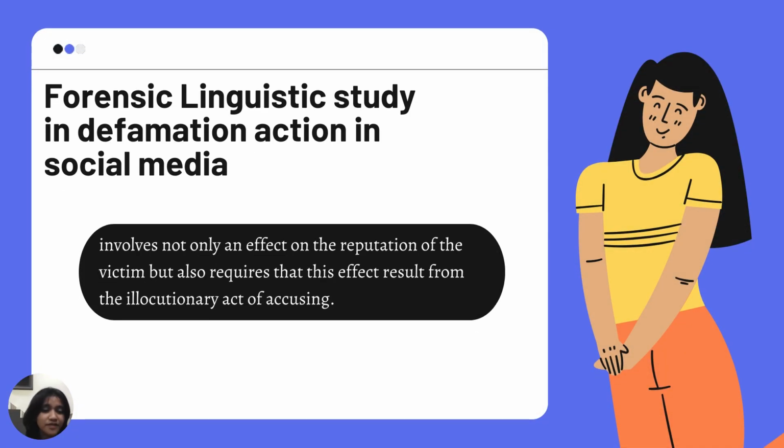Next, I'll be explaining about the forensic linguistic study of defamation action in social media. The case of defamation is one of the intriguing cases to be examined using a forensic linguistic approach. In this context, social media is the type of media that I use to analyze, where a person or group expresses their hatred and defamation on social media.